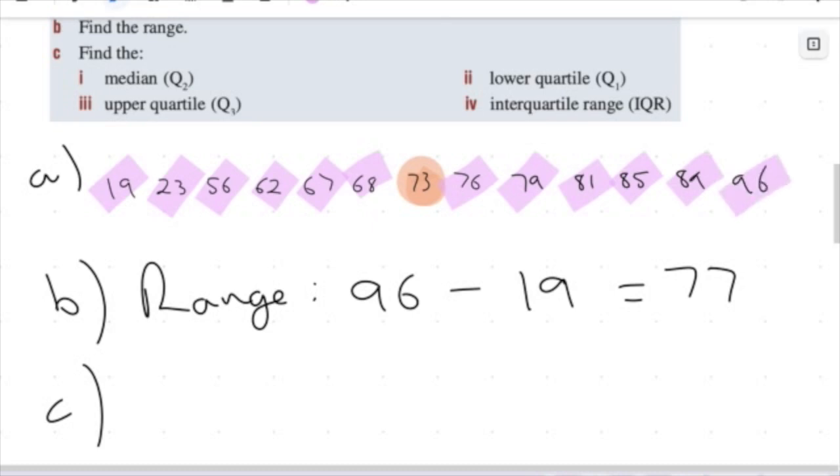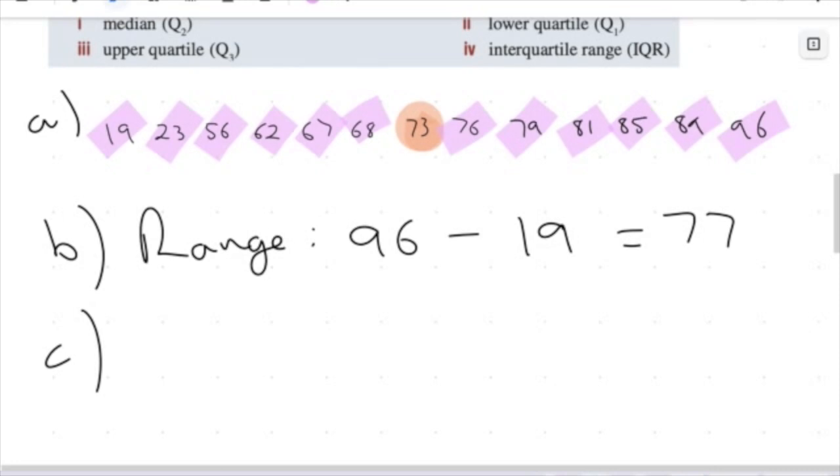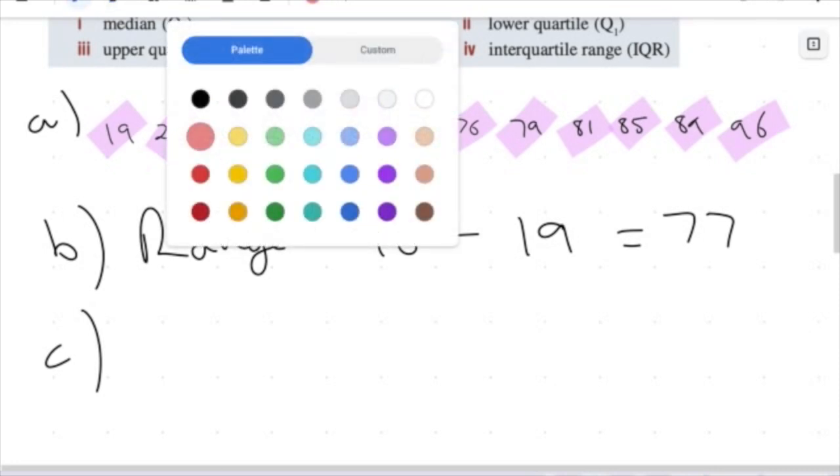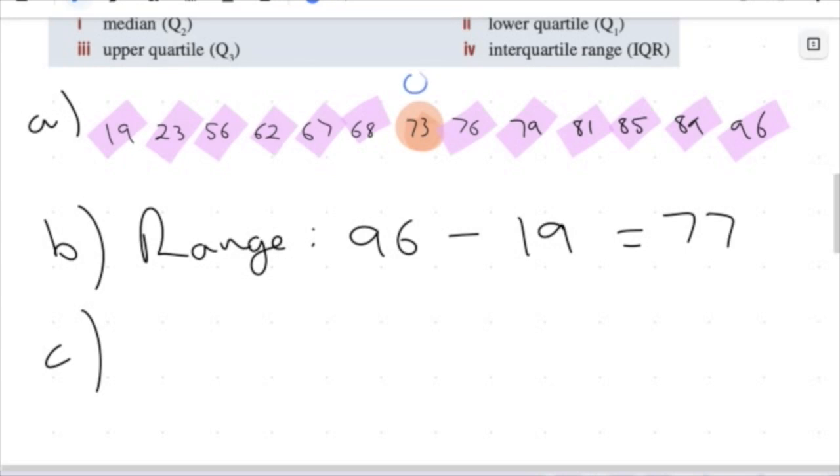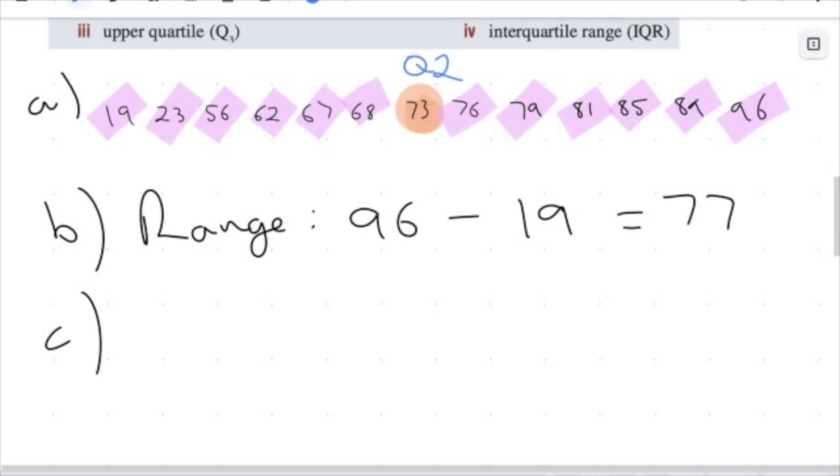If we have an odd number of data points in our set, we have one distinct median, a number smack bang in the middle with equal amounts of numbers on either side. So this is our quartile 2. So our median is 73.